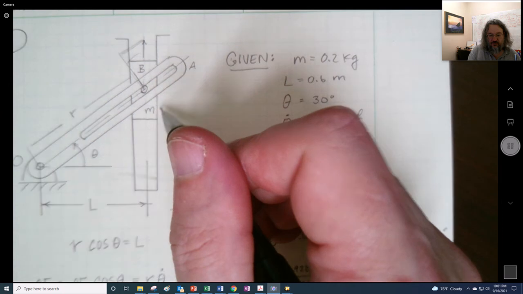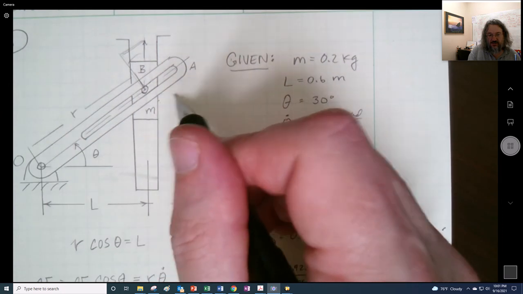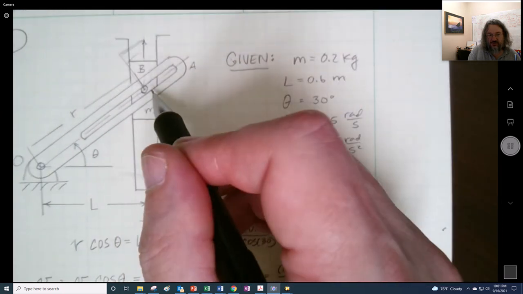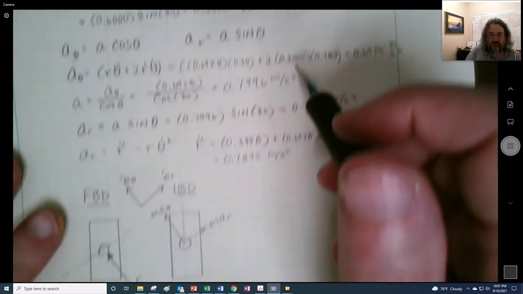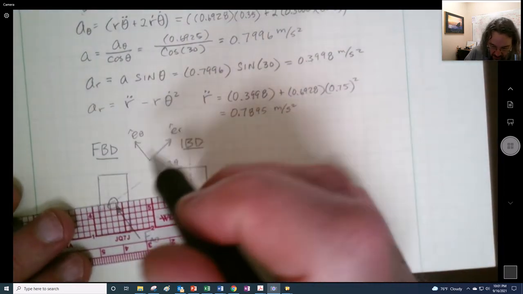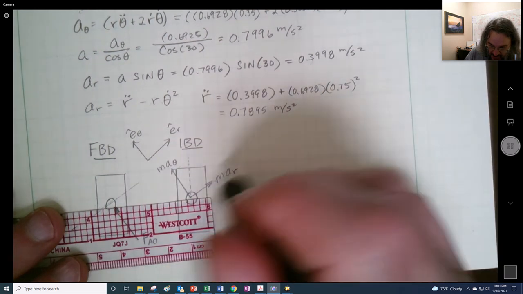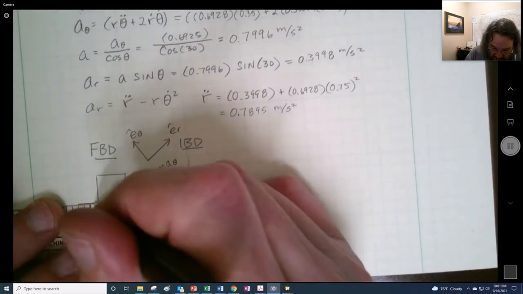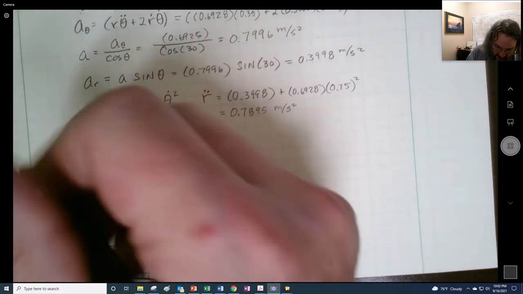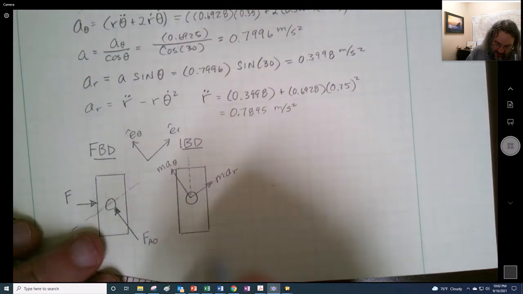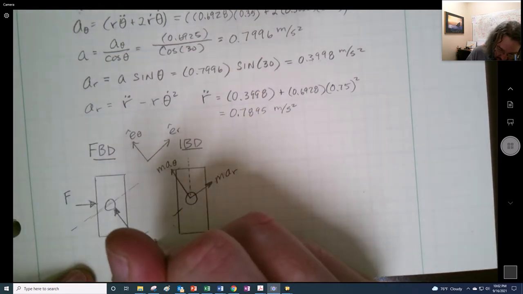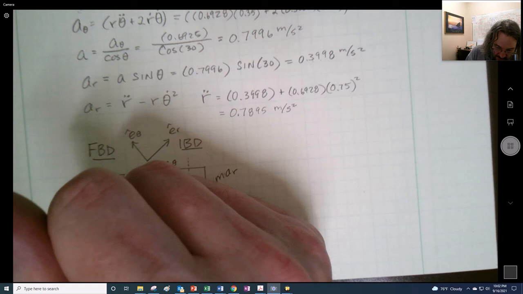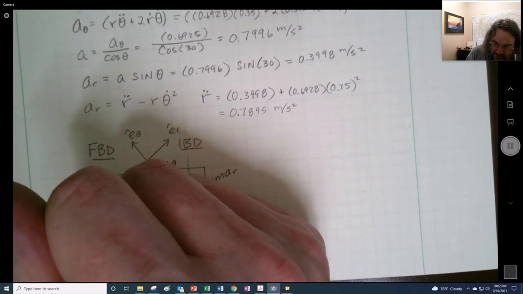And then we got to get a name for this thing that's acting. It's either going to be from the left or from the right. I think I'm going to choose it to go into the right onto this, because this has a component going in that direction, so there must be something. The wall must be pushing back onto here. So I'm going to call this F, and maybe I'll just call this F of the W.